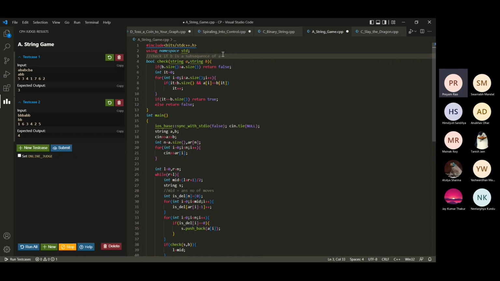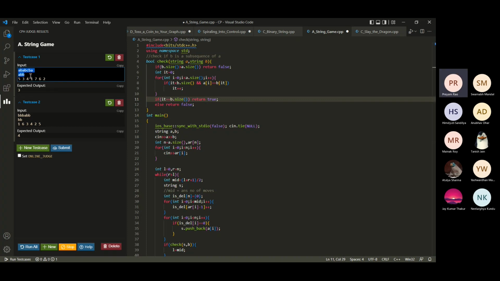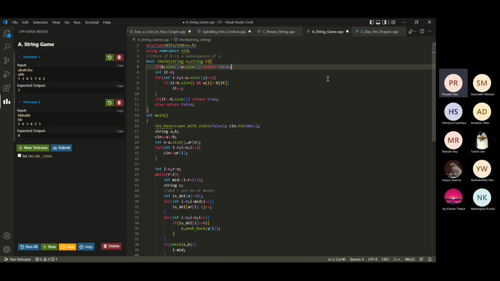This is a classic problem, not that hard of an implementation, so I'm just going to quickly go through it. If the size of b is greater than a, then obviously the answer is false, because a larger string cannot be a subsequence of a smaller string.